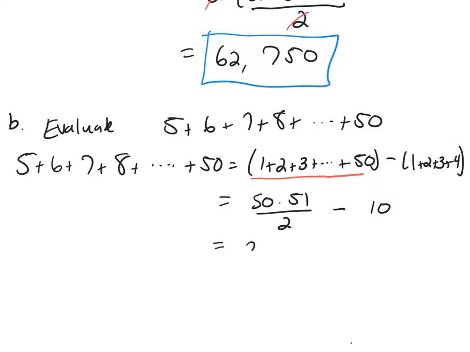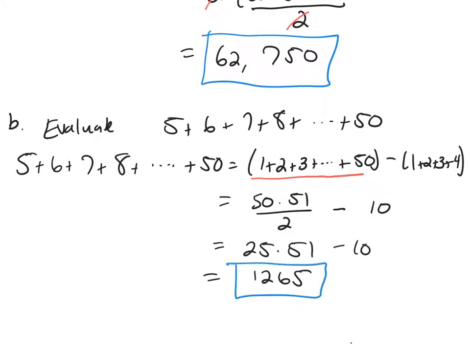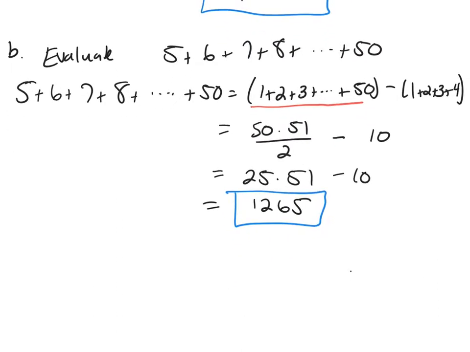So this would be 25 times 51 minus 10, or 1265. So you can use that formula that we proved on that last induction to help you simplify these terms here and write them in closed form.